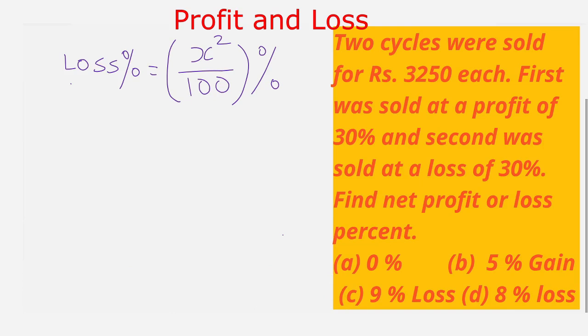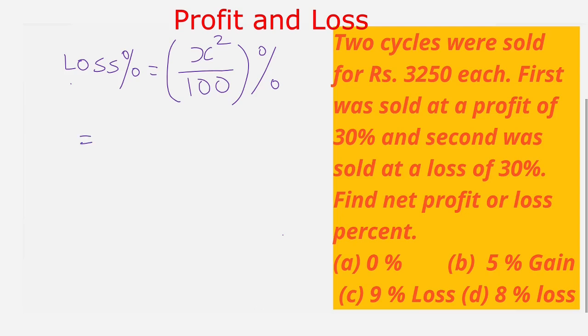When there is same profit or loss by selling 2 items at the same price, and if that percent is X%, then there will always be a net loss, and that loss is given by X square over 100%. So we put the value.